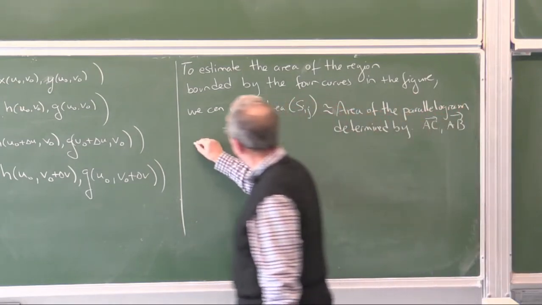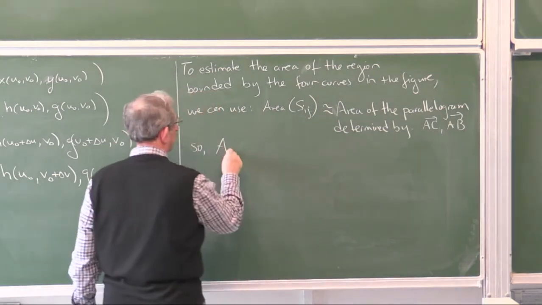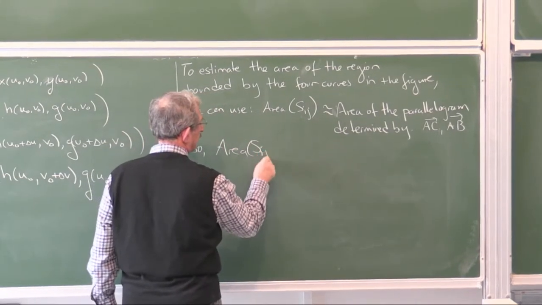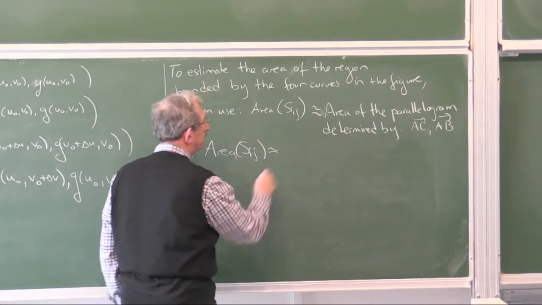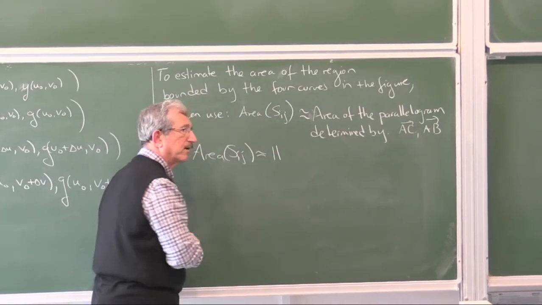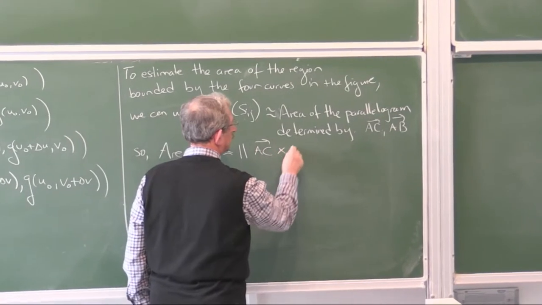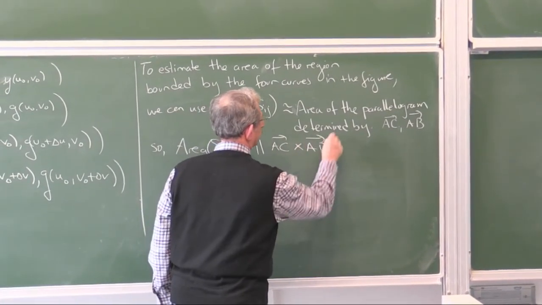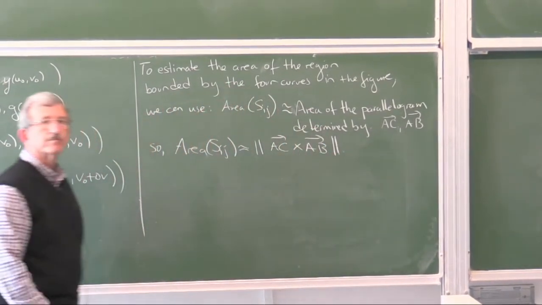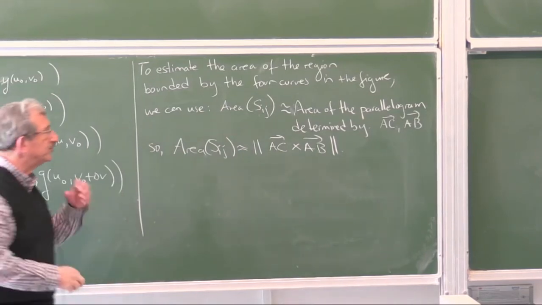So, the area of Sij will be very near the length of the vector AC cross AB, from our discussions of vectors.